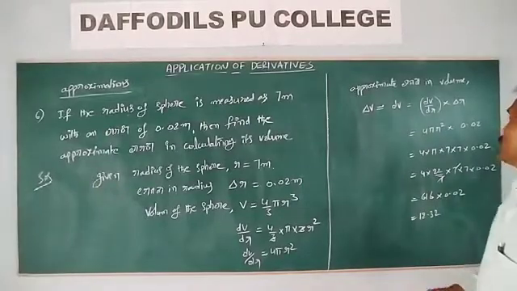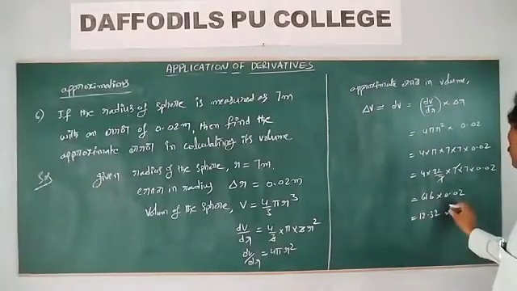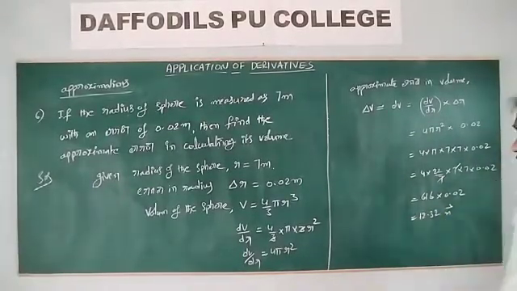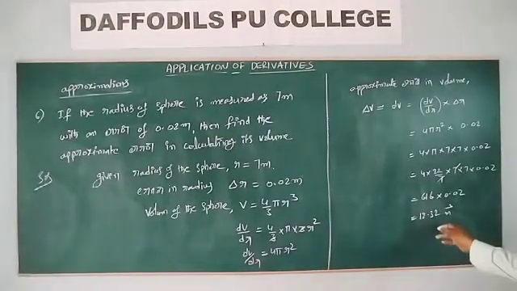Volume approximate error means 12.32 meter cube.